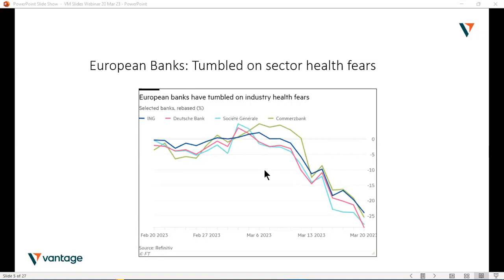Just on the UBS deal, on the Credit Suisse falling, there is some talk around, as I said, these additional Tier 1 bonds.